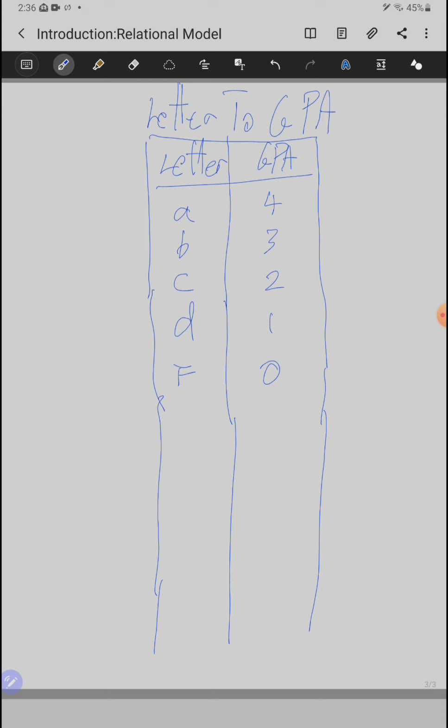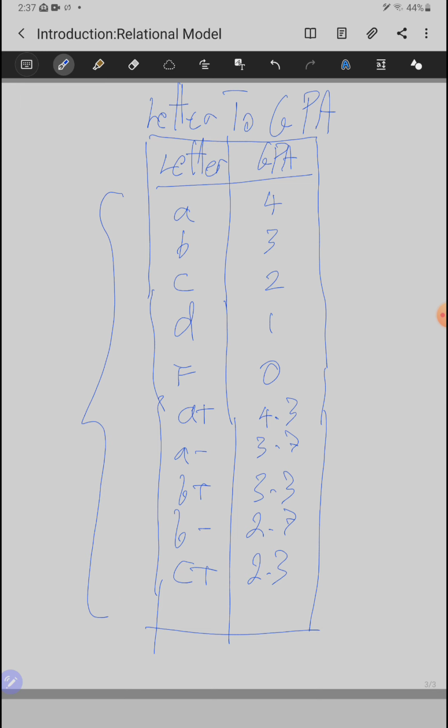And this is where order of data in the set is not important. 4.3, A minus 3.7, B plus 3.3, B minus 2.7, C plus 2.3, and typically there isn't a C minus or anything below D and F. So the specific relation has changed.